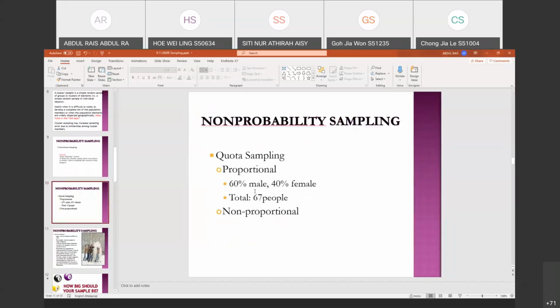Alright. And second example will be quota sampling. Alright, quota sampling ni apabila kita setkan group tu.